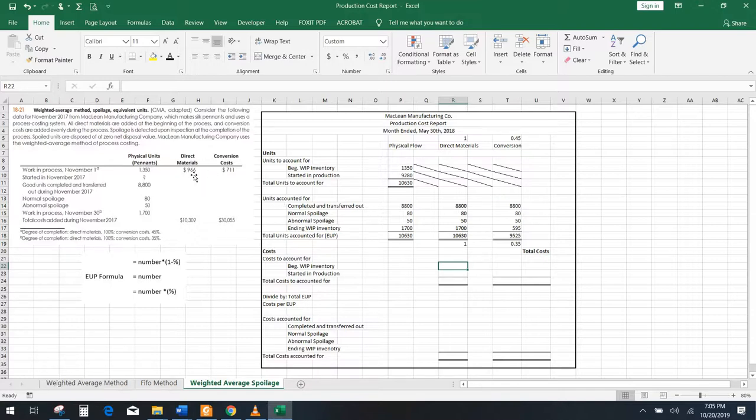We take 966 for the work in process, and then 711. And then we take 10,302 and 30,055.